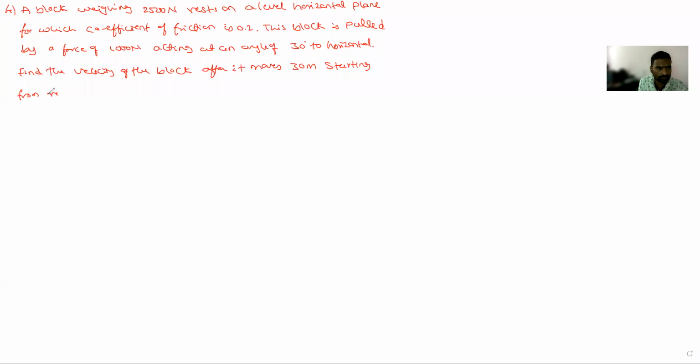If the force of 1000 Newton is then removed, how much further will it move?